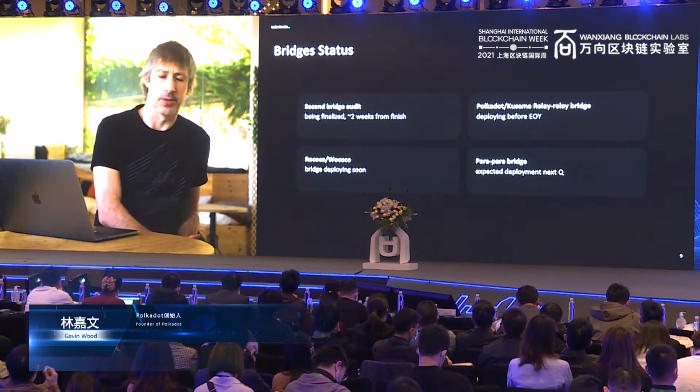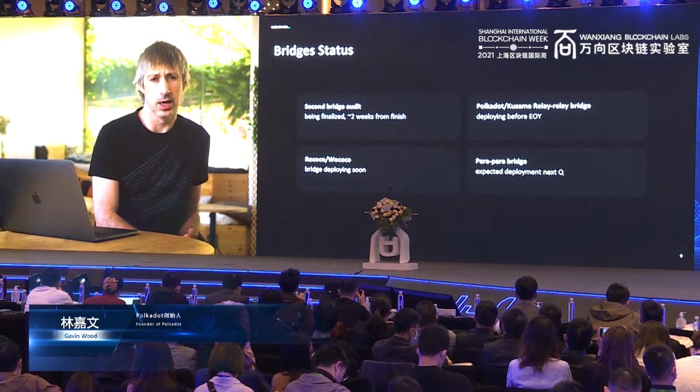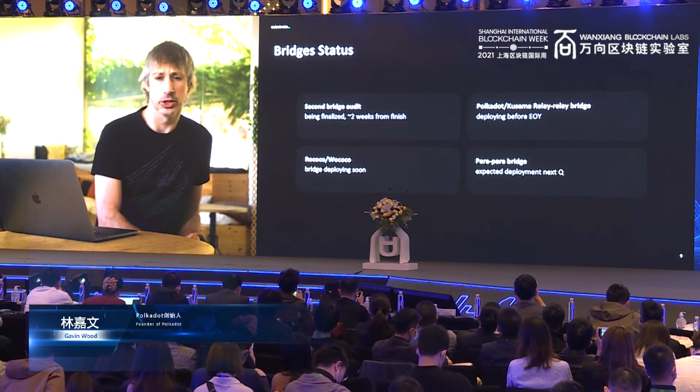The first thing I want to talk about is the bridges, the status of bridges. Now, for those of you who are not familiar, bridges is separate to the relay chain parachain communication model.